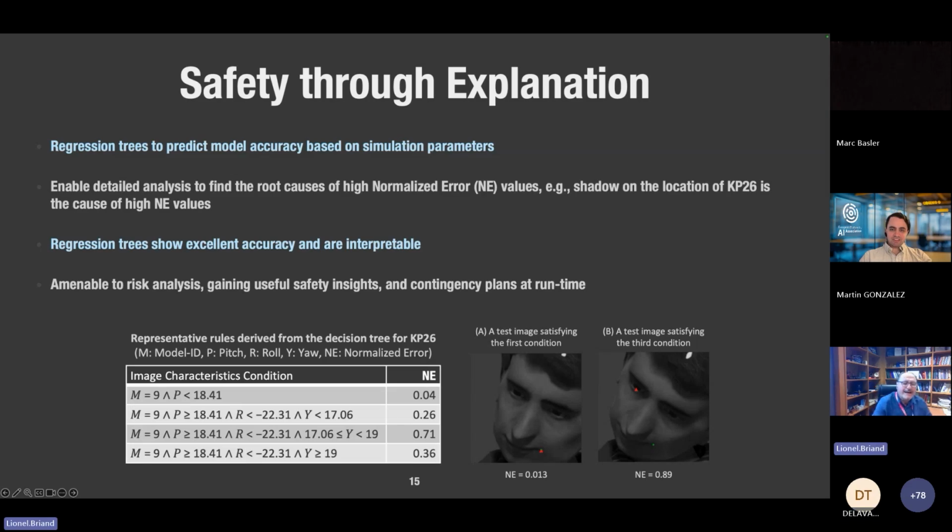This is an example, but it's a general principle that whatever AI model you use, it's not going to be perfect. You need to be able to test it to understand when it works and when it doesn't work, and then adjust your system architecture according to that.